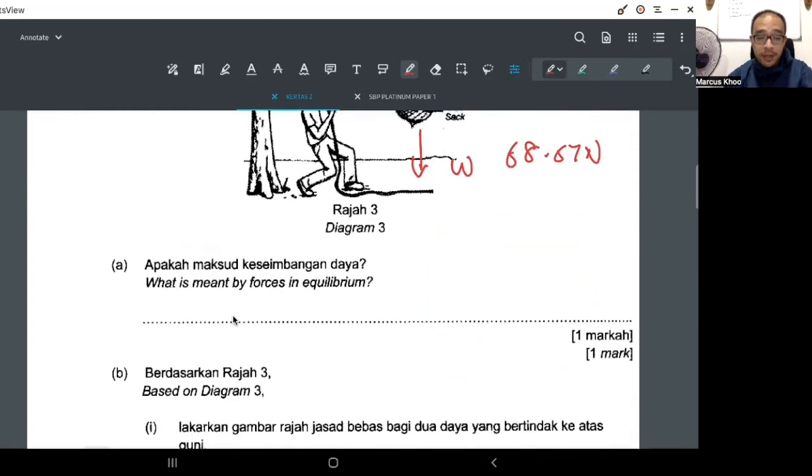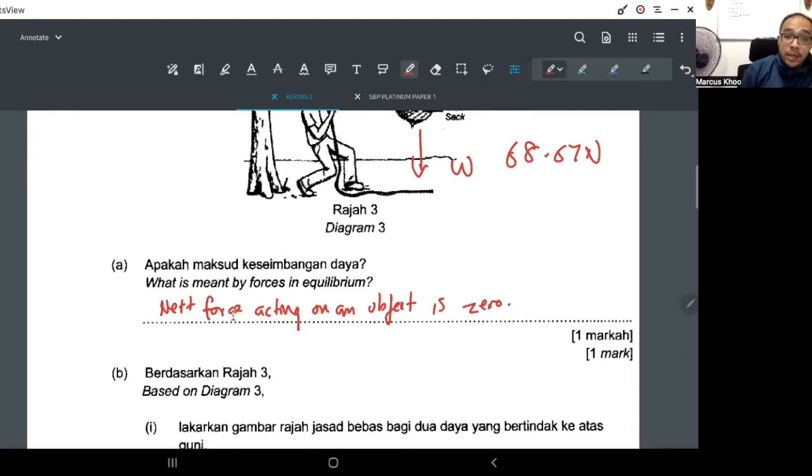So what is meant by forces in equilibrium? Forces in equilibrium basically means the net force acting on an object is 0. That is forces in equilibrium.